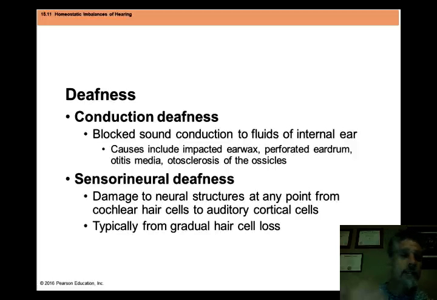With sensorineural deafness, it doesn't matter about putting a hearing aid on there to amplify the sound. In that case, you just have a loss that's inner ear and neural instead. So in any case, hopefully you won't get too much of that now or later.